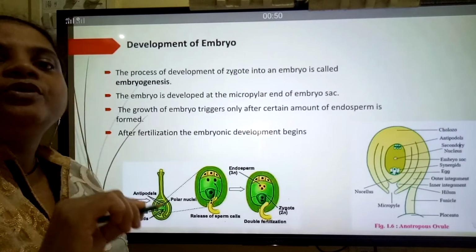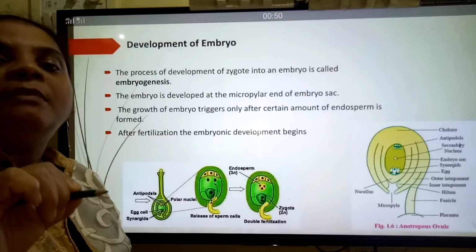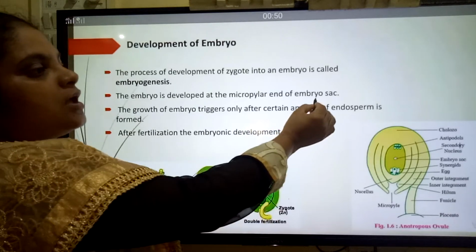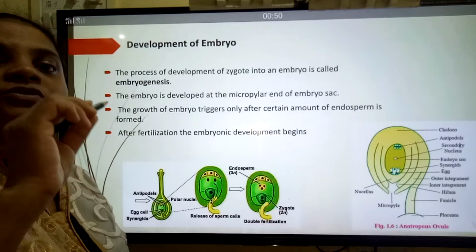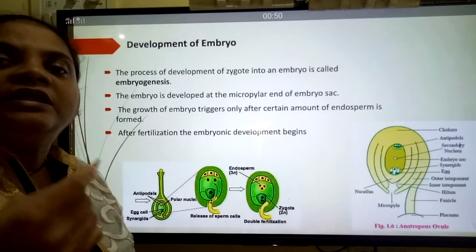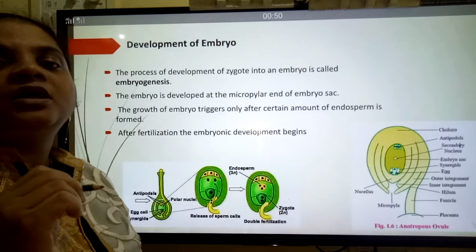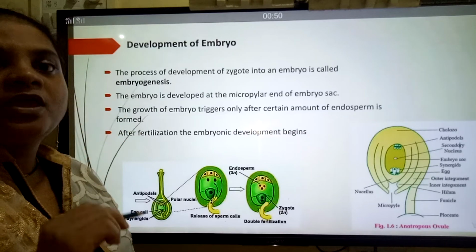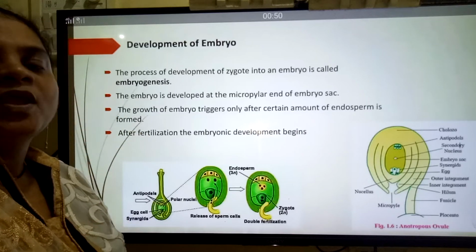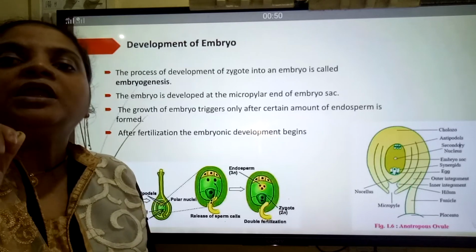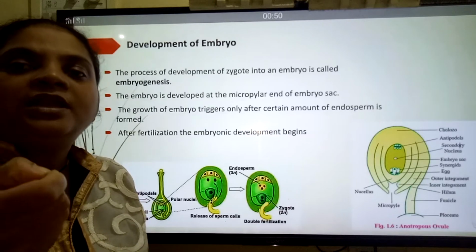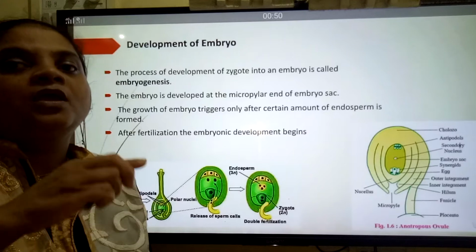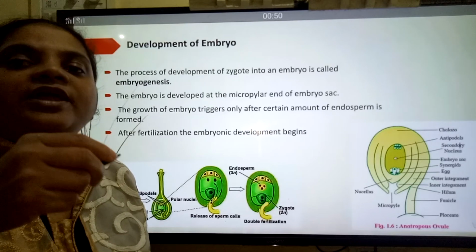This embryo develops at the micropylar end of the embryo sac. The growth of embryo triggers after a certain amount of growth of endosperm in the embryo sac. So first the endosperm develops a little amount and then the embryo starts to develop.